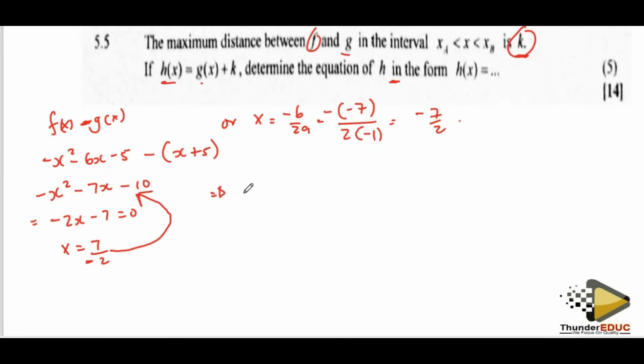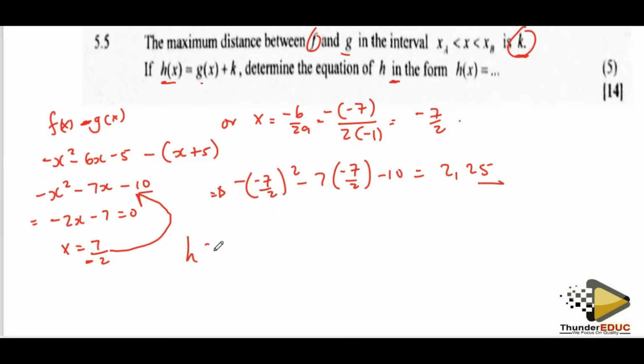So that's going to be negative 7 over 2 squared minus 7 into negative 7 over 2 minus 10. Let me just confirm. I'm having 2.25 in the positive.